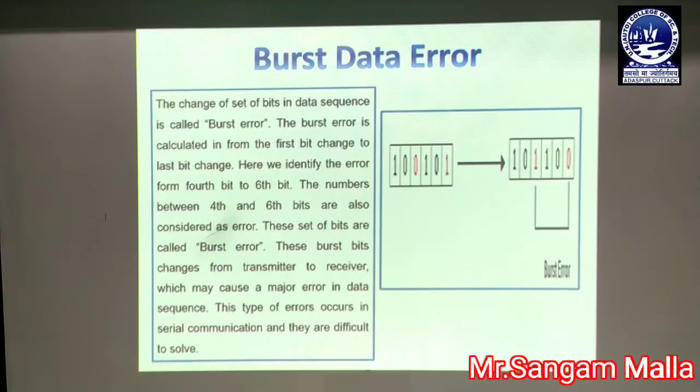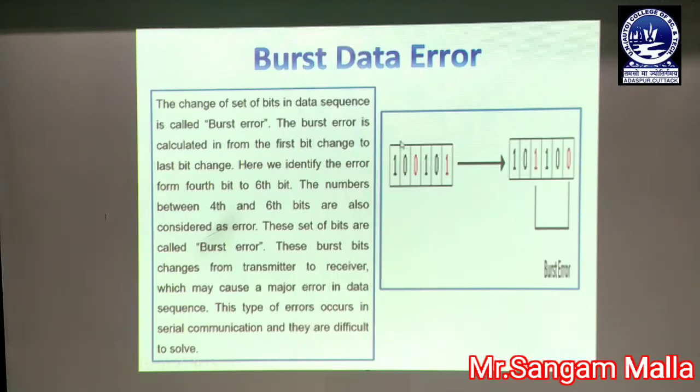The major error in the data sequence formed this way is called burst bits. These types of error occur in serial communication and they are difficult to solve. Mostly the burst data error arises in serial communication rather than parallel communication. They are very difficult to solve as a number of bits get changed from the source to the destination.